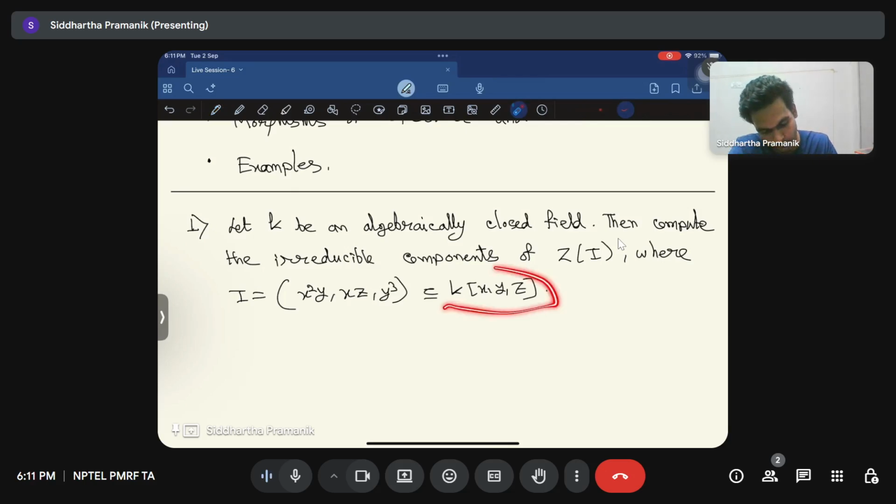So we have this polynomial ring, and we are given an ideal in this polynomial ring.